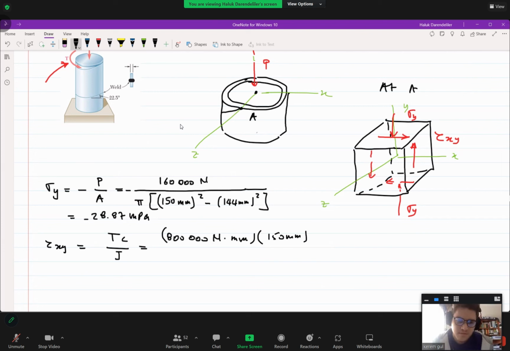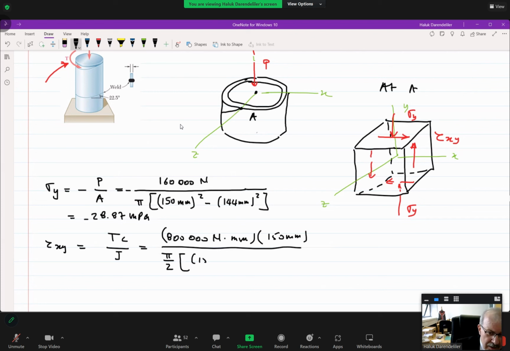Outer radius, yes. J is very obvious. If we use the diameter, pi over 2, so radius, 150 millimeters to power 4 minus 144 millimeters to power 4. Now, if you solve this, what you get is the following.